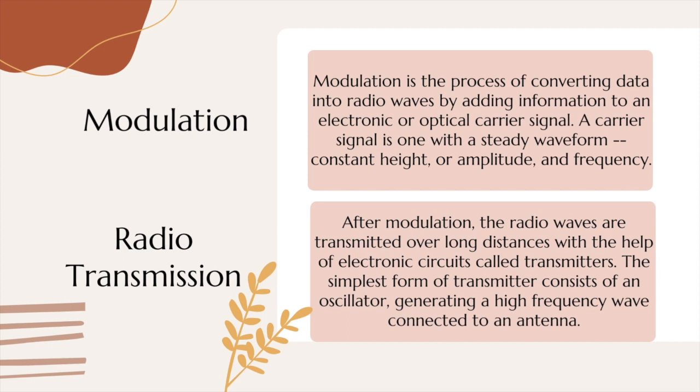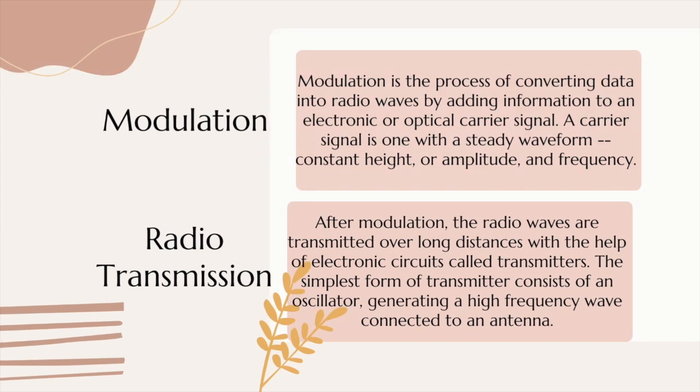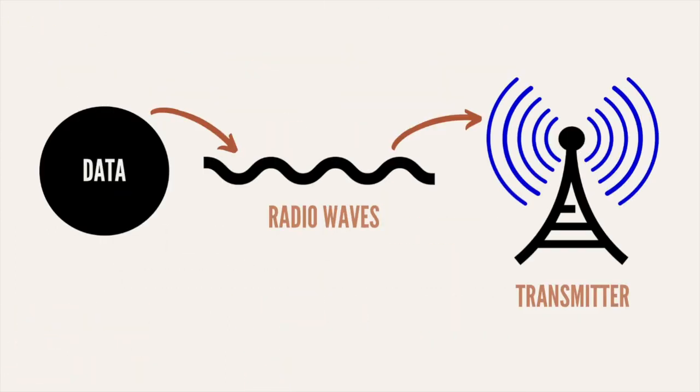After the process of modulation, these radio waves are transmitted over long distances with the help of electronic circuits called transmitters. The simplest form of a transmitter consists of an oscillator generating a high frequency wave connected to an antenna. So the idea while explaining could have seemed quite complicated. This is simplified into a small diagram here.